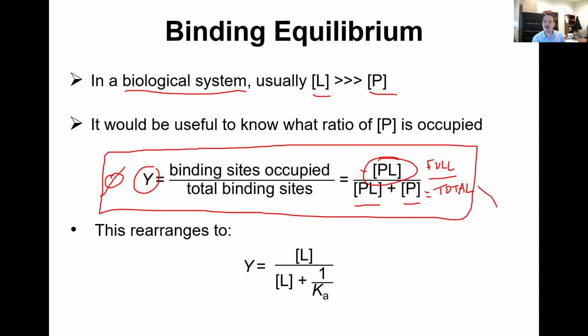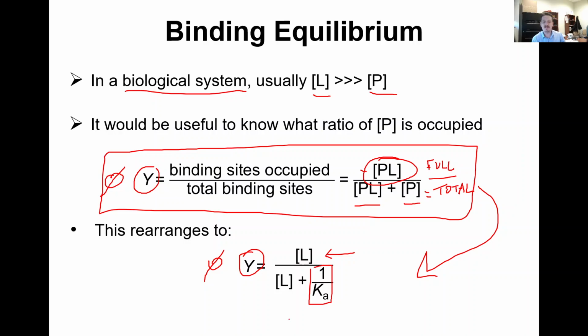And we can actually rearrange that equation, and there's a bunch of algebra that shows it in the textbook. We can say that the fullness of the protein can be calculated at different concentrations of ligand as the ligand concentration divided by the ligand concentration plus the inverse of Ka.